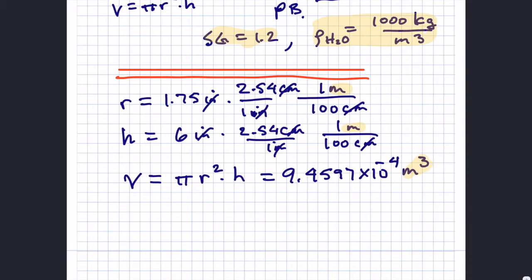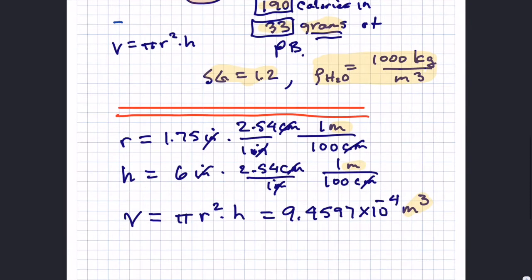Okay, so next we need to relate grams to calories. Somehow we've got to make the connection between volume and mass, and that's done with the density. You were given this specific gravity.